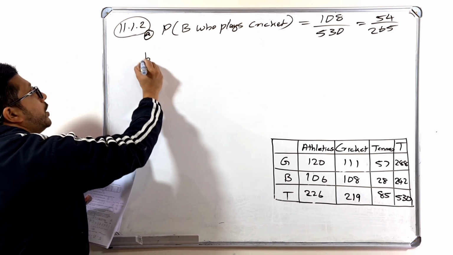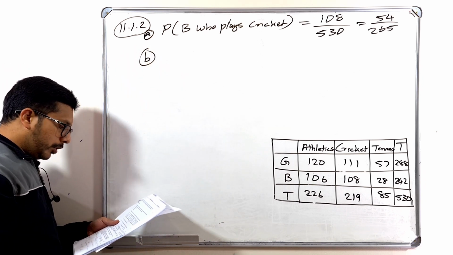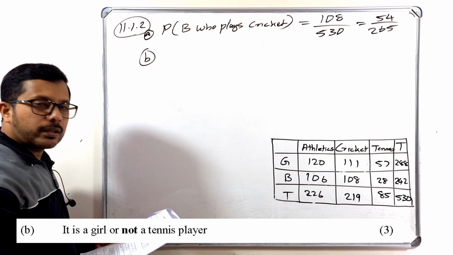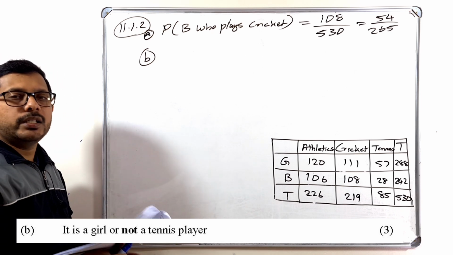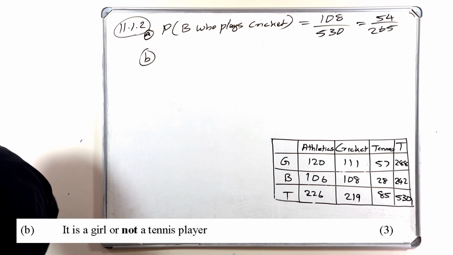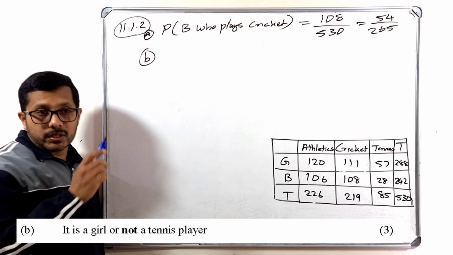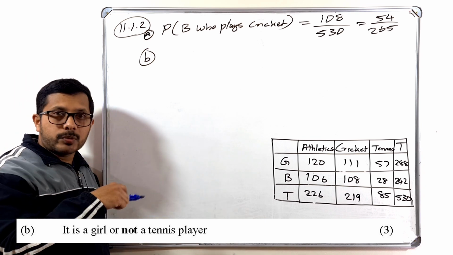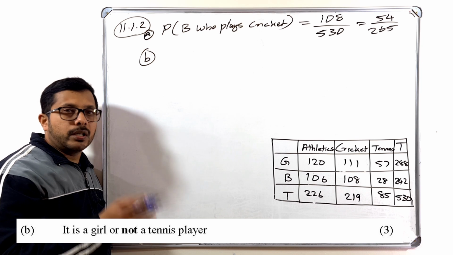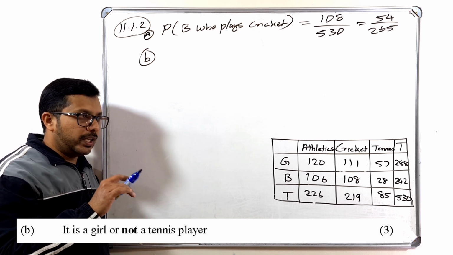Now what is B? You have to find the probability that it is a girl or not a tennis player. Not a tennis player, what is the meaning of that, guys? Those who watched the first lesson, where I explained with a PowerPoint presentation what these terms are and how we can interpret them, I explained very clearly.